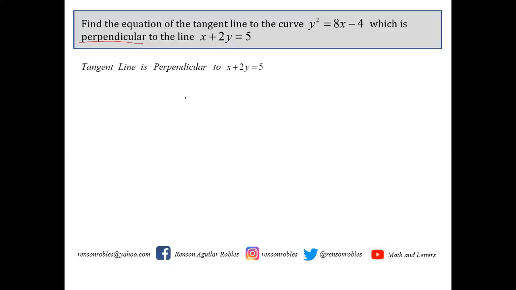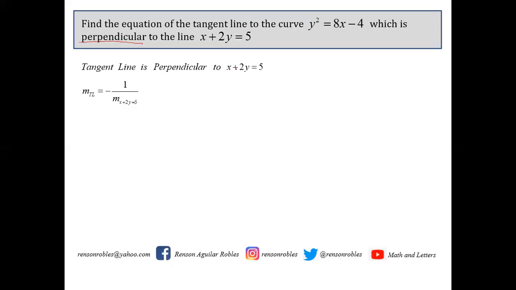So the problem tells us that the tangent line is perpendicular to x plus 2y equals 5, and that information tells us that the slope of the tangent line is equal to negative 1 all over the slope of the line x plus 2y equals 5, because this tangent line and this line are perpendicular, therefore their slopes are negative reciprocals of one another.